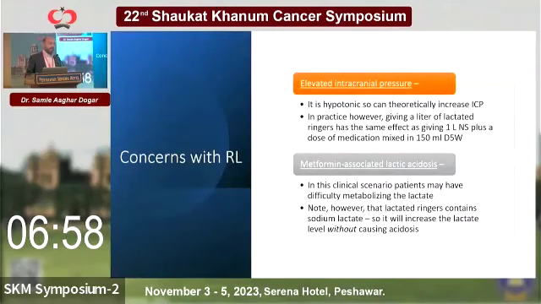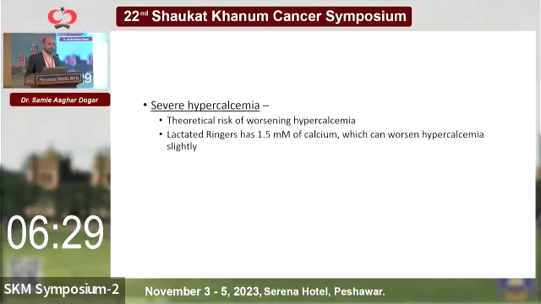So some other concerns with Ringer lactate are elevated intracranial pressures. It is slightly hypotonic, so it would raise ICP, but in practice, the rise in ICP would be as much as it would be from 1 liter of normal saline plus 150 ml of any drug made up in 5% dextrose. And then it's also contraindicated in metformin-associated lactic acidosis because the body doesn't have the capacity to metabolize lactate in that condition.